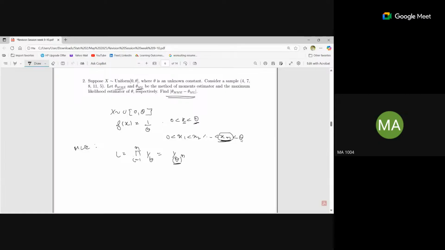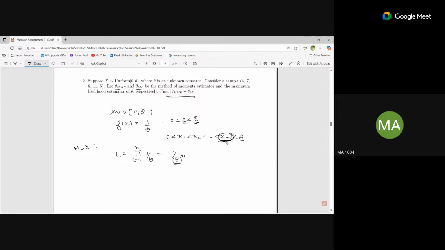The least value, lower than the theta, which is xn. Correct? Yes. I have to take the least value of theta, so according to this my least value of theta is coming out to be xn.